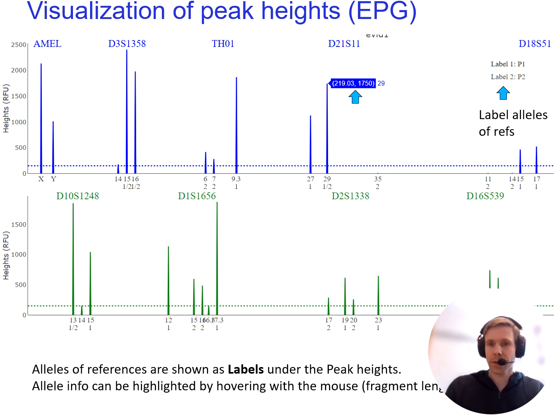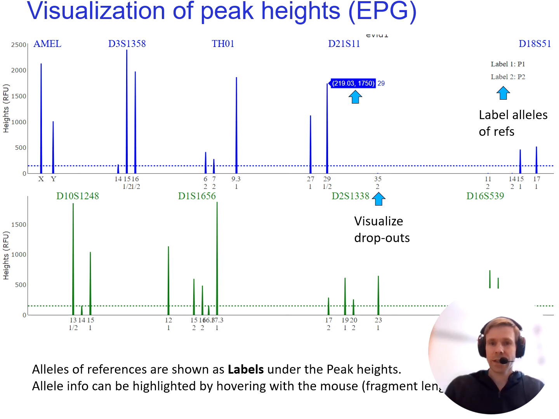And similarly for P2, which has 11 and 14, but these are not shown as a peak height in the evidence. This means they are dropouts. So the nice thing here is that this plot also shows those alleles not part of the evidence profile.